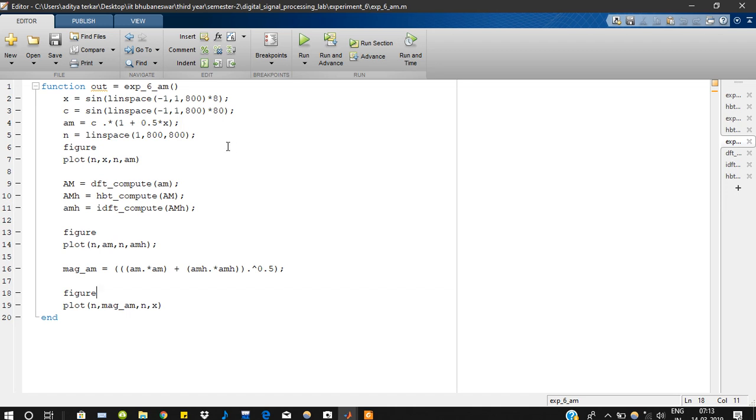I have generated an amplitude modulated wave from the expression am equals c star (1 plus 0.5x), where 0.5 is my modulation factor. c is our carrier wave, at 80 hertz, and x, which is our message, is around 8 hertz.